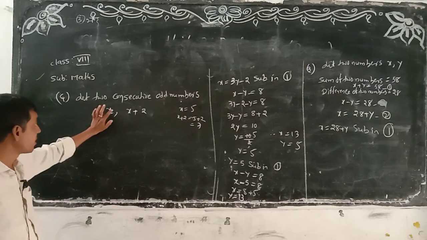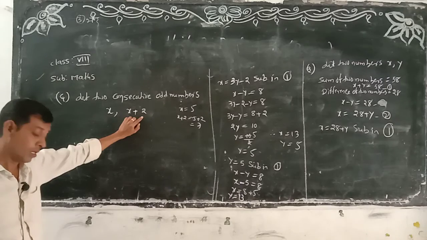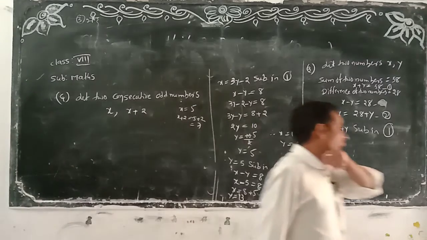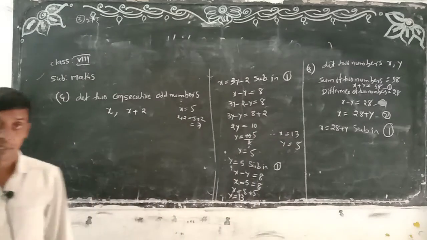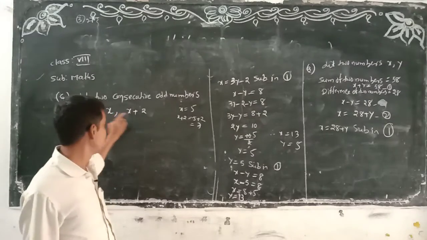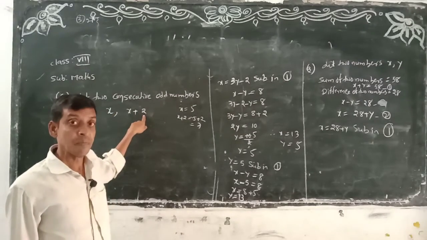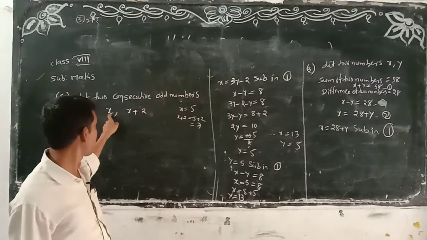Sir, if I write plus 1 here, then you have to write plus 3. Same problem, if they ask for even numbers, take x only, and write x plus 2.